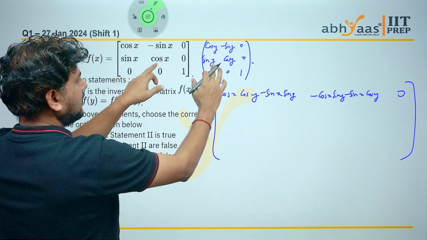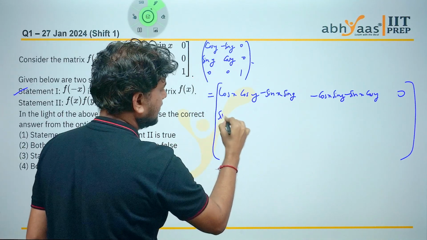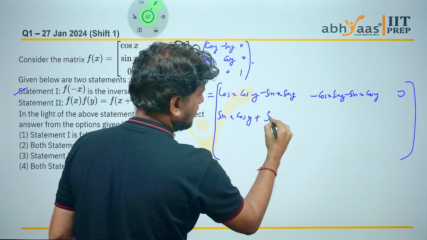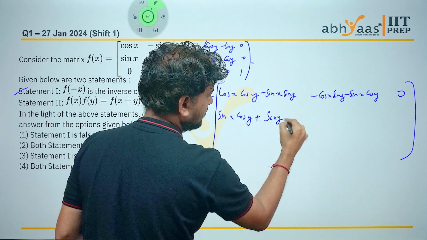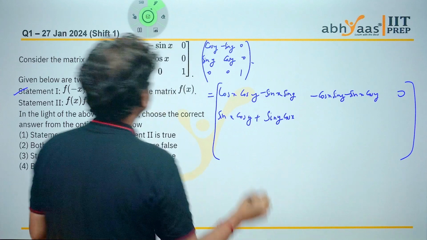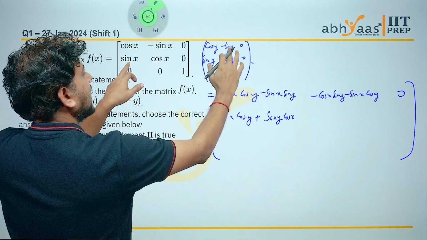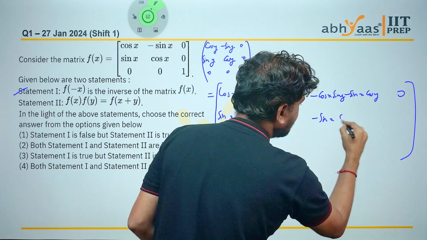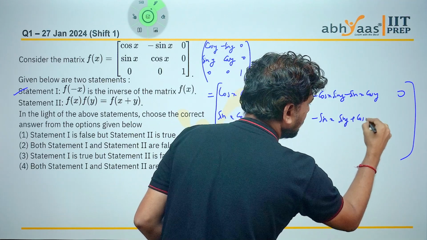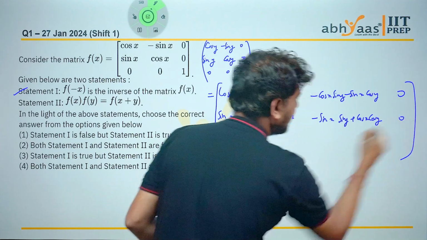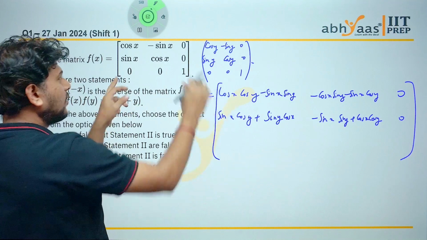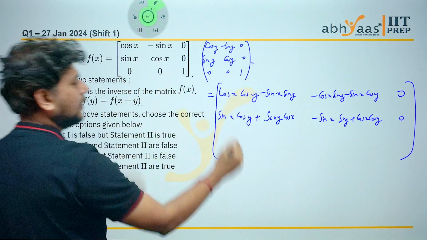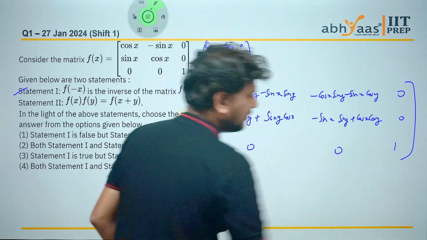Next, sin x cos y plus cos x sin y, plus 0. Then again minus sin x sin y plus cos x cos y, 0. The below values will be 0, 0, 1.